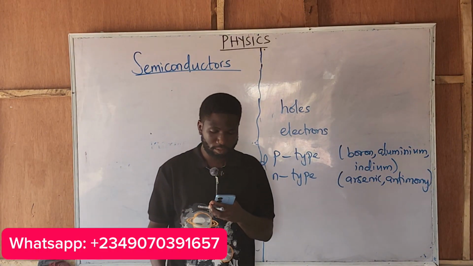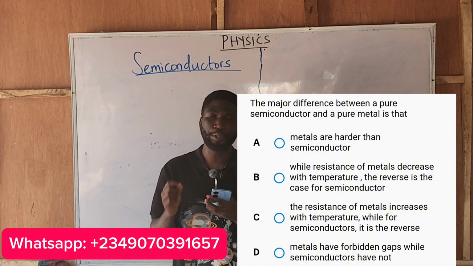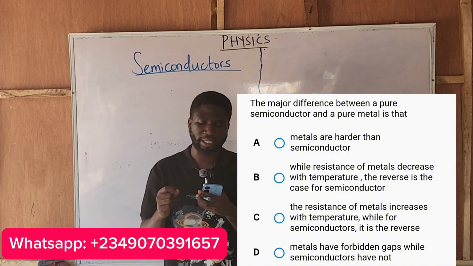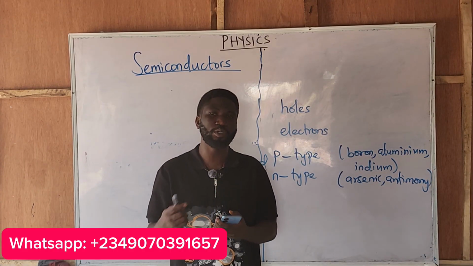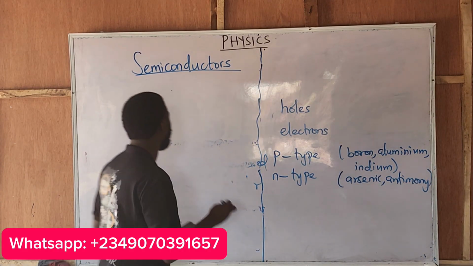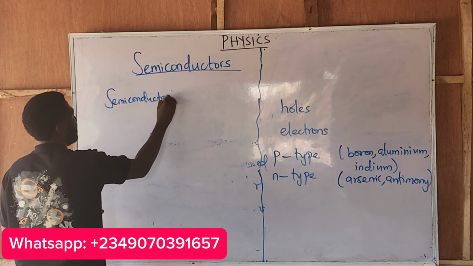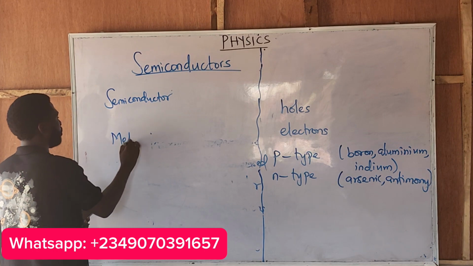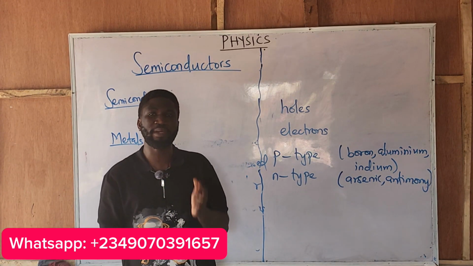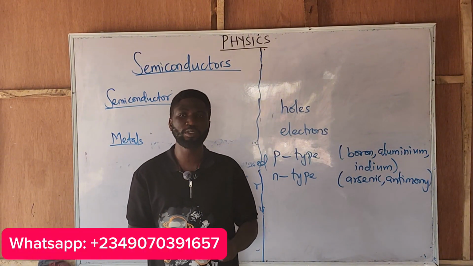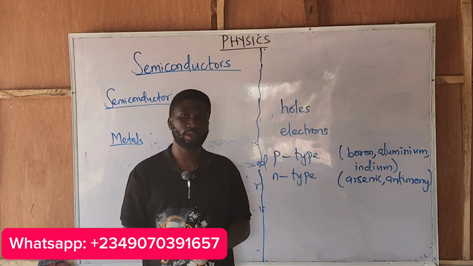The next question, as you can see on the screen, says the major difference between a pure semiconductor and a pure metal is that dash. So we want to compare a semiconductor and a metal. To differentiate between them, we consider, number one, the conductivity, and number two, the resistivity or the resistance.